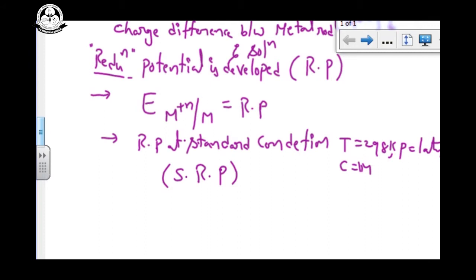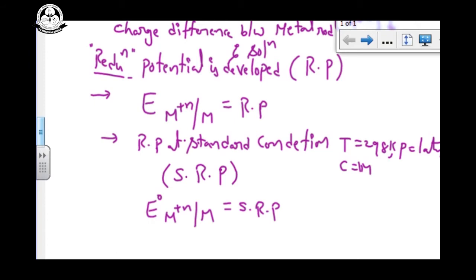Standard reduction potential is represented by E naught of metal ion becomes metal. This is the standard reduction potential representation.